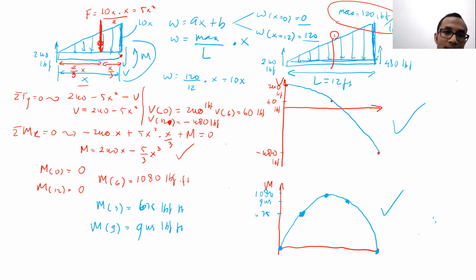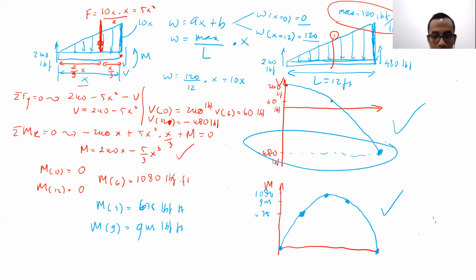Later, it will be represented by this V and M. So when x later reaches 12 feet, the 480 lbf will be represented by V here. So you don't have to think about it. That's why you can see here the value of our shear force at x equal to 12 is the same as minus 480 lbf, right? Which is actually representing this.